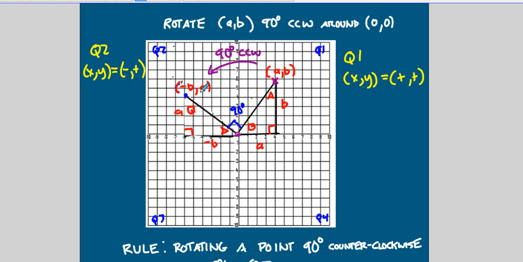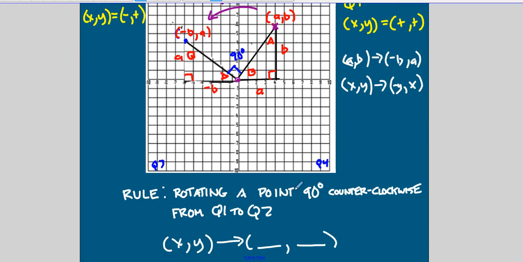Okay, so doing a 90-degree rotation counterclockwise from the first quadrant to the second quadrant, notice what happens. In my case, I'm going from AB to negative B, A. So in general, notice that X gets moved to the Y position, and then we take the negative of Y. So this is the rule.